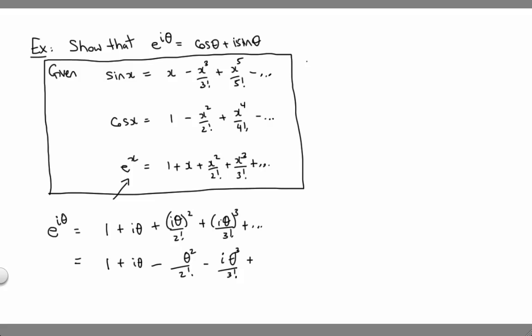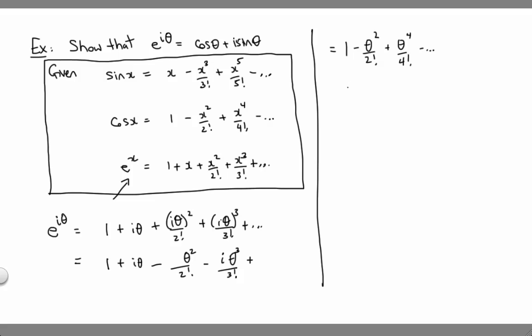Let's continue our calculation over on this side here. Let's separate the real from the imaginary. So the real terms would be 1 minus theta squared over 2 factorial. If you continued this pattern, you'd have plus theta to the fourth over 4 factorial. So you'd have this alternating series here. Signs are alternating, and you've got your even powers.